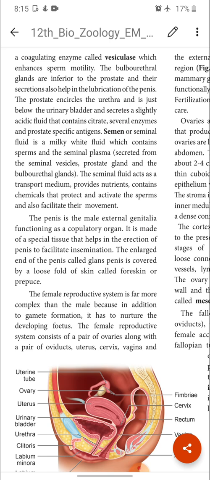Okay children, in the first paragraph, about general, what are the structures present in the male reproductive system, they have said. And next paragraph about the testis, why scrotum is placed outside the abdominal cavity, and why sperm production takes place in the scrotum, all thermoregulation discussed in the first paragraph.